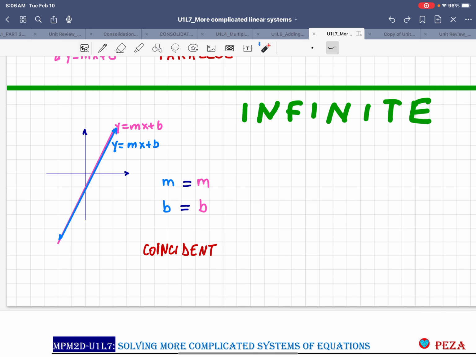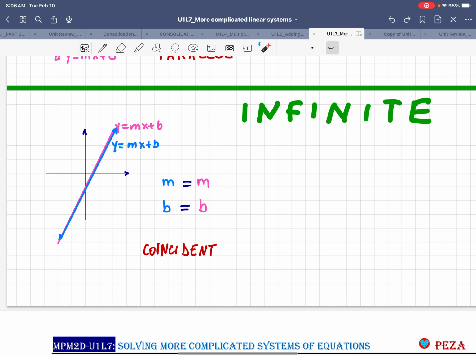So the solutions to the blue line will be solutions to the pink line, which means that the two lines will intersect at an infinite number of points, so there will be an infinite number of solutions. In this case, we call these two lines coincident.